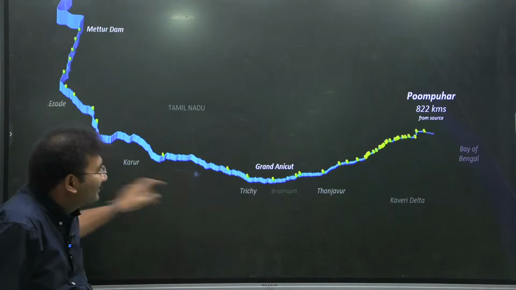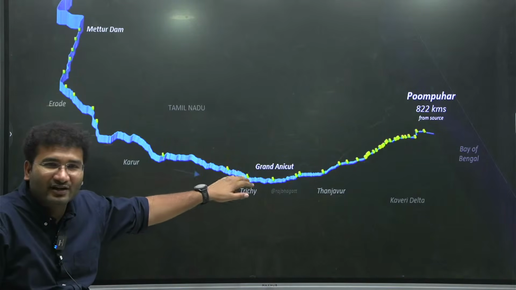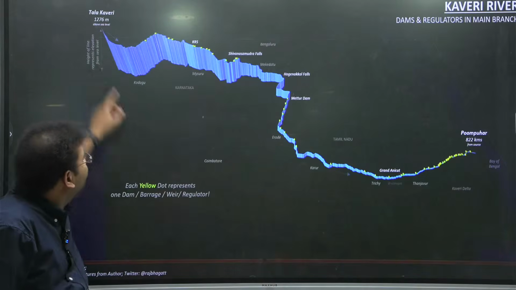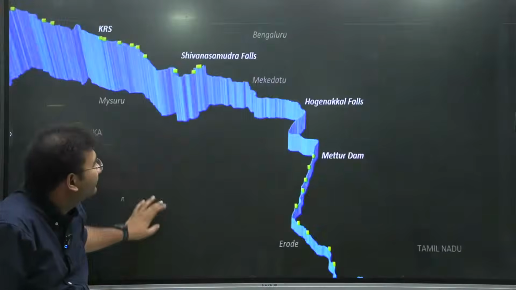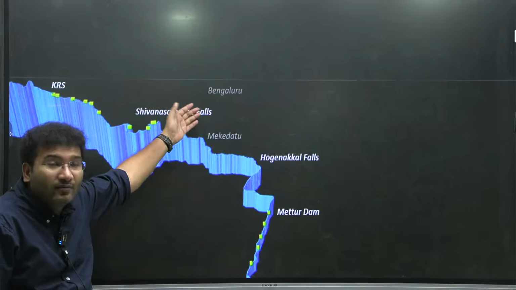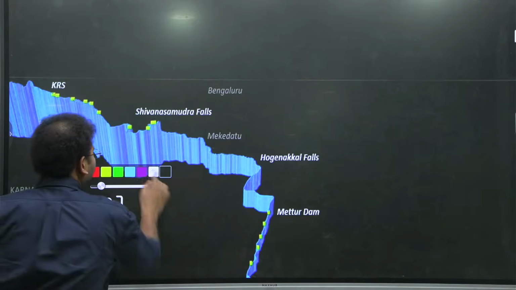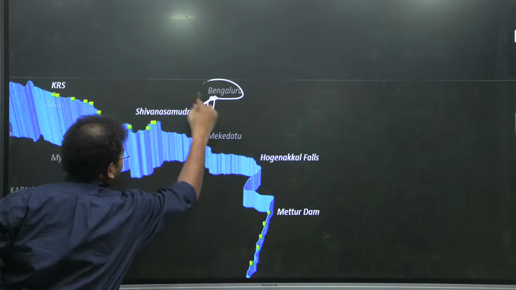They don't let the water reach there. It's a good thing that in the lower riparian states the water is being used. So the problem is Bengaluru is located nearby. So there is a pipeline that is led from here. Through the pipeline, Bengaluru receives water from here.